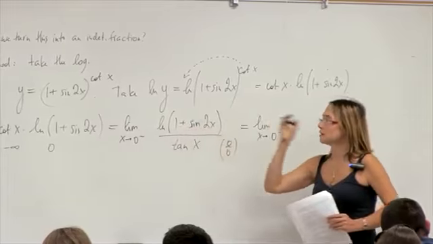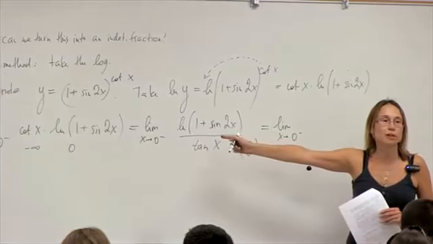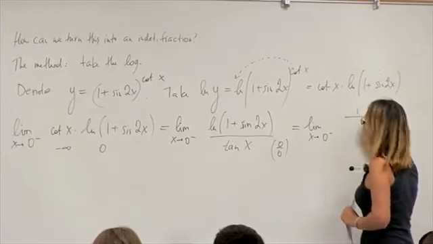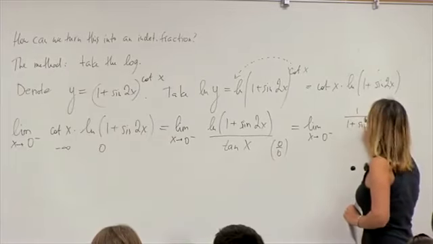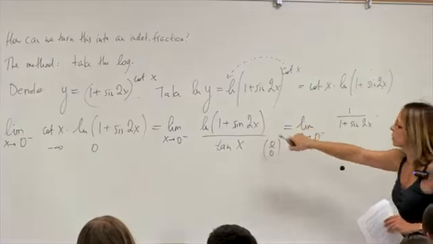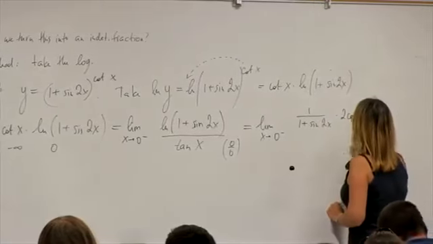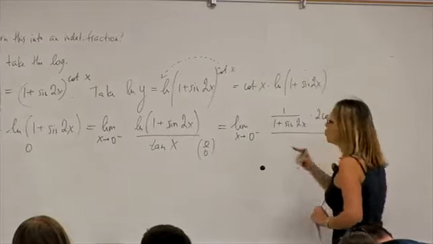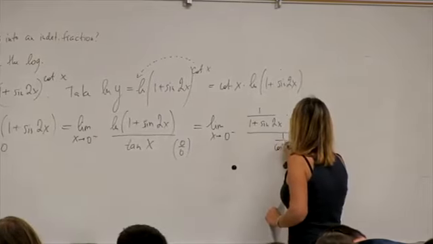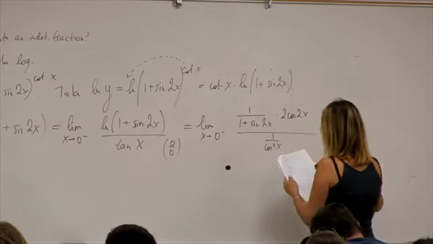See, the function on top is a composite function, so we have to use the chain rule to differentiate it, right? So I have 1 over this whole thing, 1 plus sine 2x, times the derivative of what's in the brackets. That's 2 cosine 2x. And in the denominator, I have to differentiate the tangent. I have 1 over cos squared x.